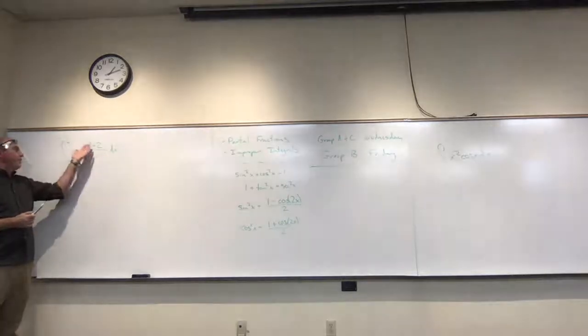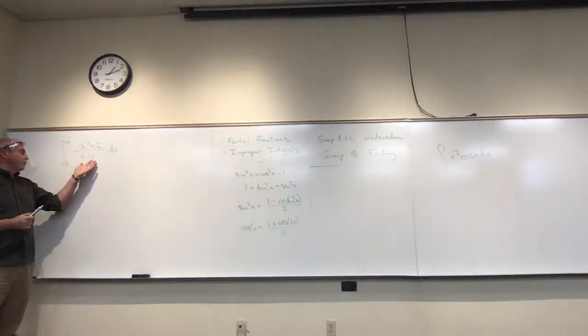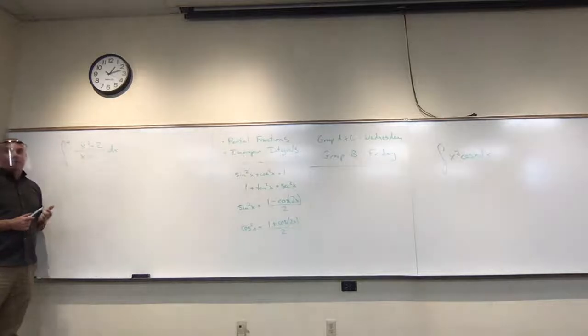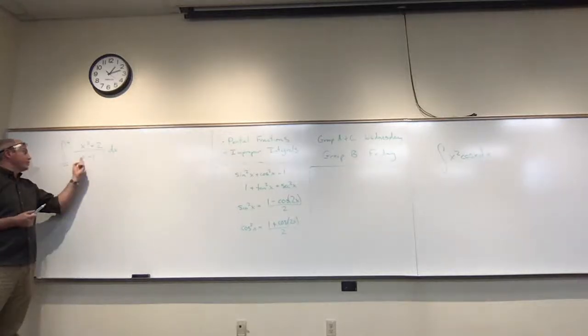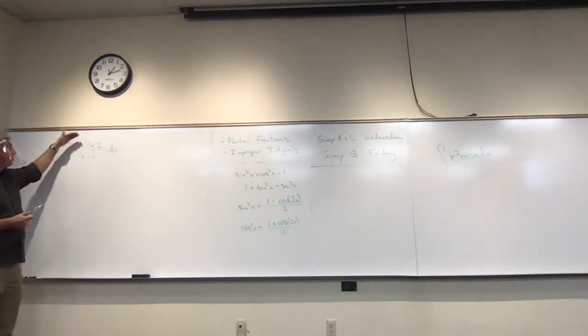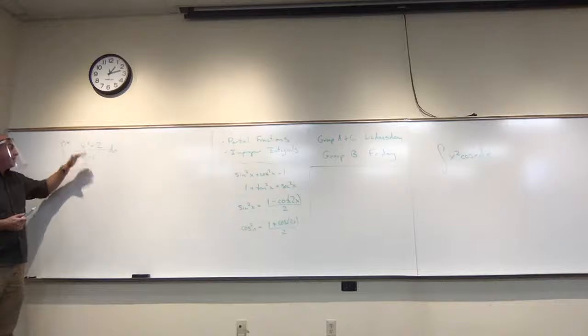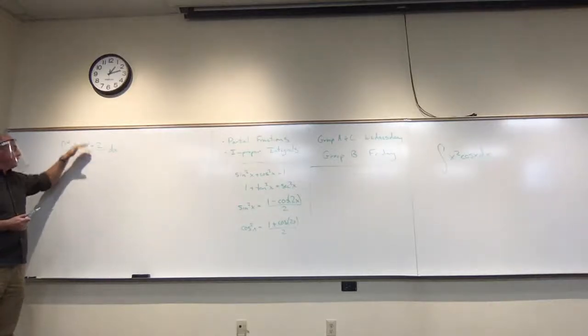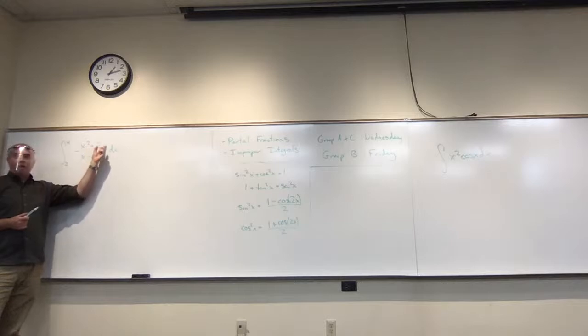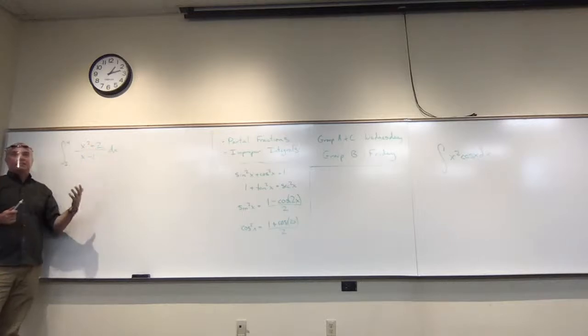Typically you have a polynomial over a polynomial, and the degree on the bottom is less than or equal to the degree on the top. So the degree on the bottom here is 1, the degree on the top is 2. And if they're equal or the one on top is bigger, that means you could divide that in. If the one on top is smaller, then you don't do this.